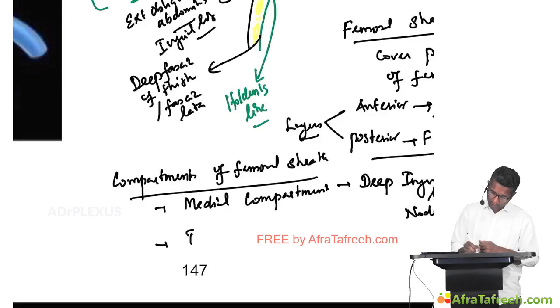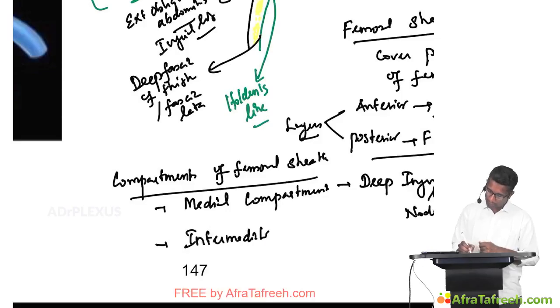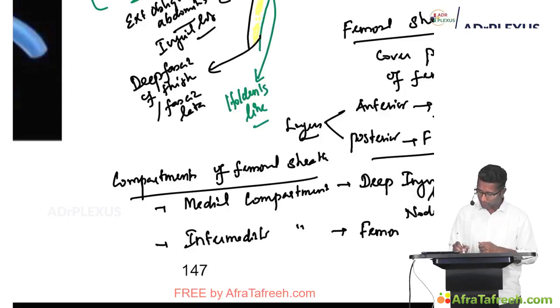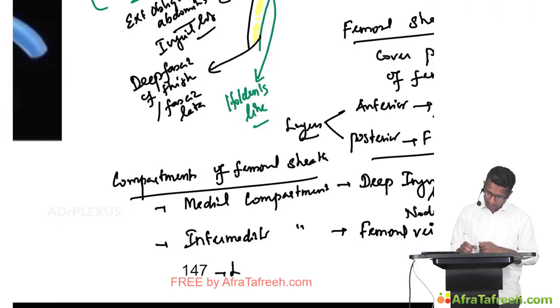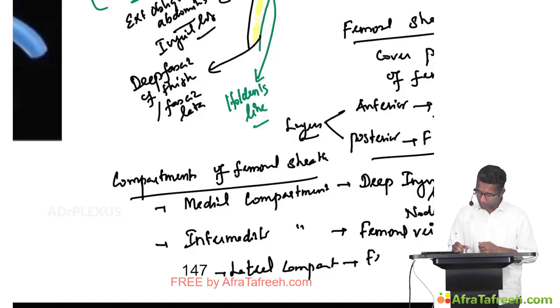The intermediate compartment is the area where you get the femoral vein. And the lateral compartment is the area which contains the femoral artery.